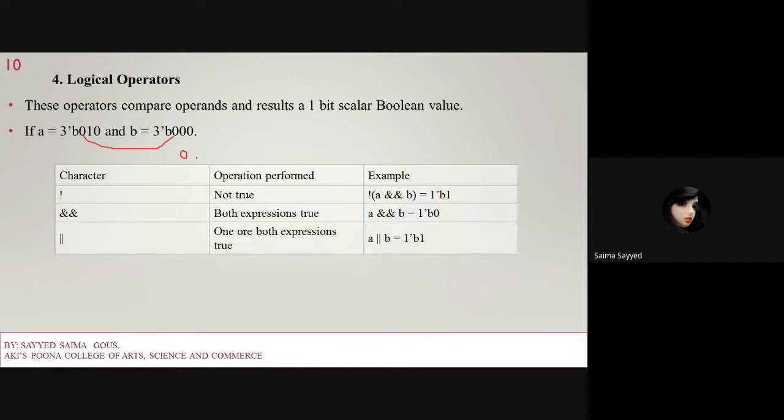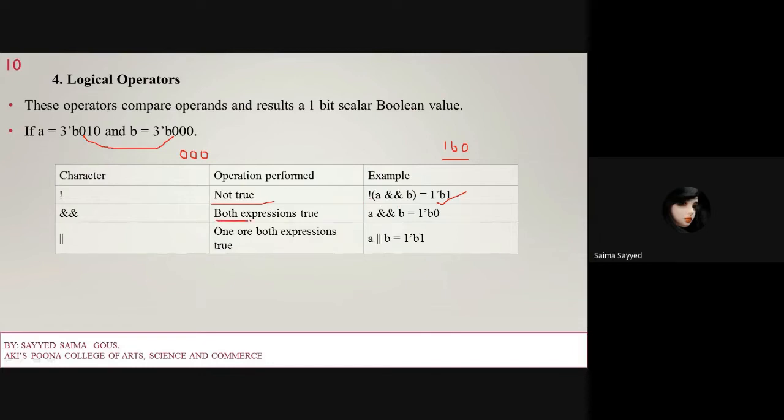Then 1 and 0 is 0. And then 0 and 0 is 0. It should be 1 bit 0, but here it is NOT true. So therefore this sign is there, and this statement is true, because this should be 0 and here it is written 1. So it is not a true statement.